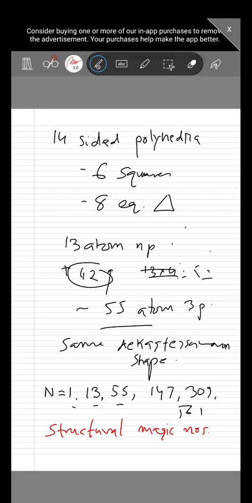Now, how do we arrive at this number? I was wrong when I said 13 atoms at 4 sides; there is actually a relation between the number of atoms and the number of layers.